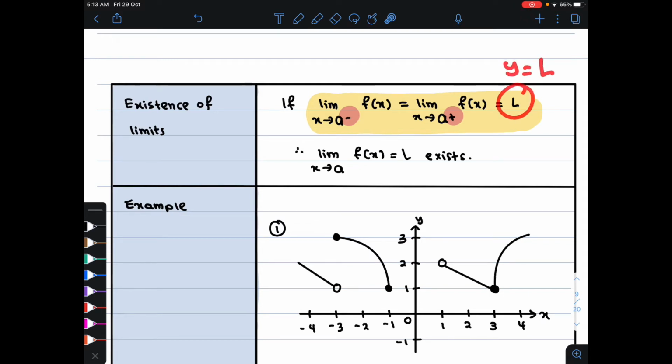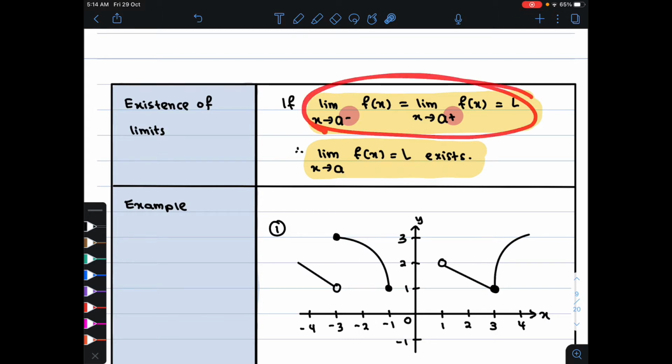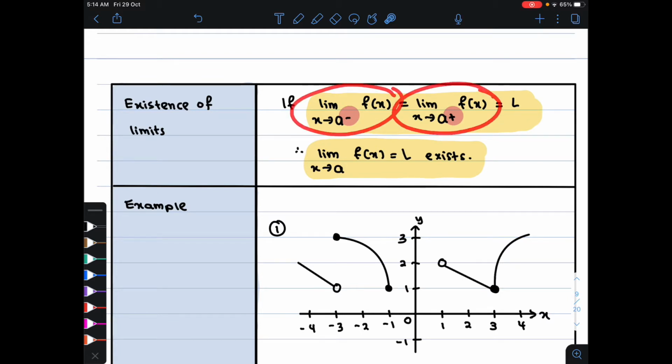y equal to L. Hence, you can make the conclusion that the limit of f(x) as x approaches a is equal to L, and it exists. From the first statement here, you can see that from the left-hand side and from the right-hand side, it has the same value L. So if both the limits are the same, you can make this conclusion.